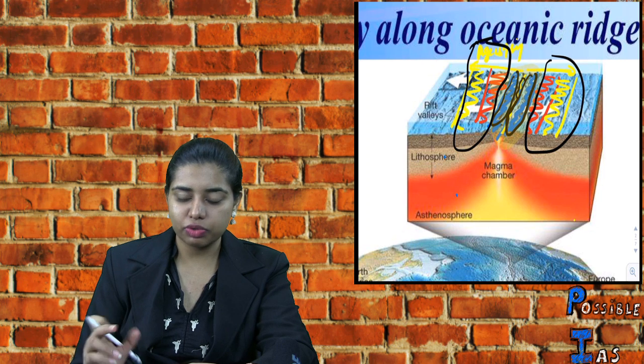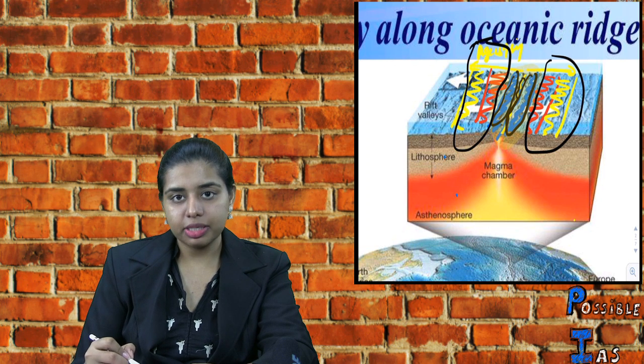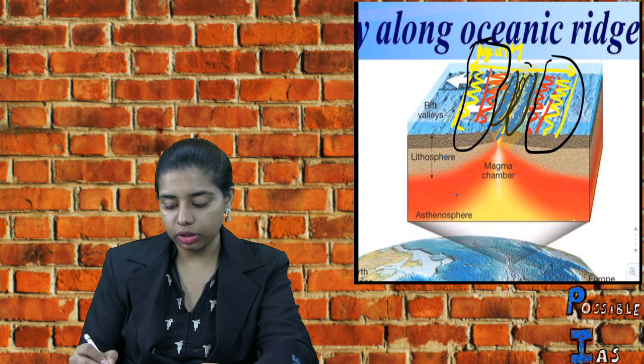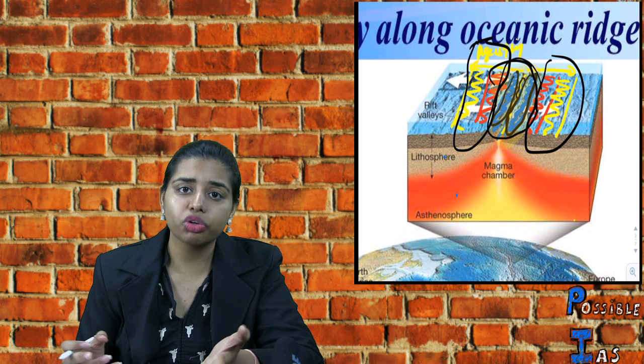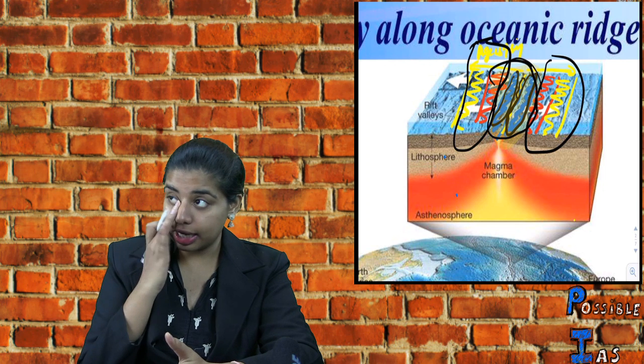So again, what does it say? The thickness of the sediments is increasing, which means they are older, whereas on this side also the thickness is increasing, whereas on this side there were no sediments found. Why? Because this is just the new crust which is being created. So these were the three things that they found out.